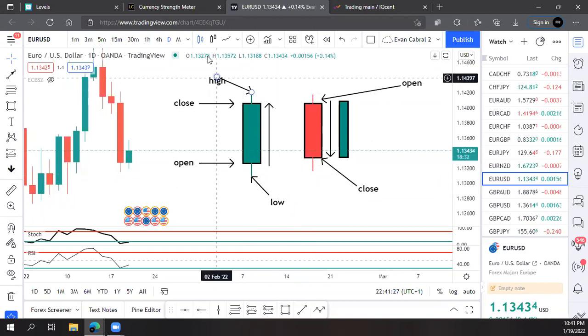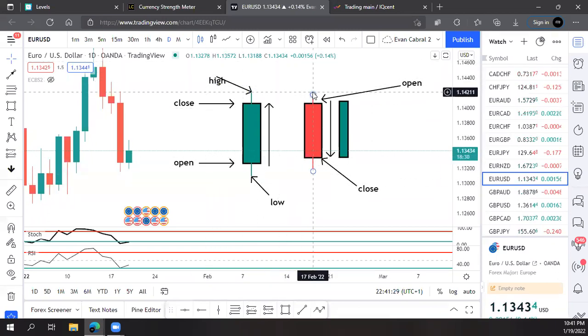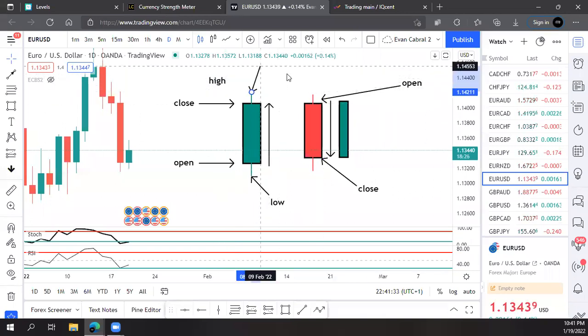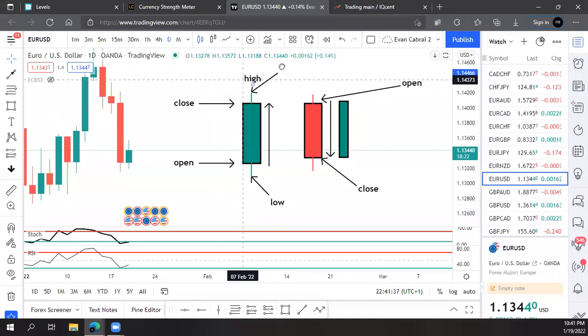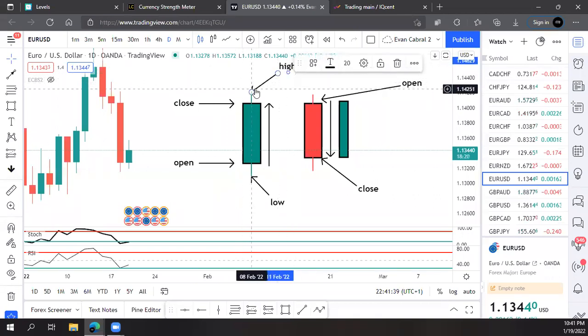The only thing that doesn't change is the high. These are both highs.